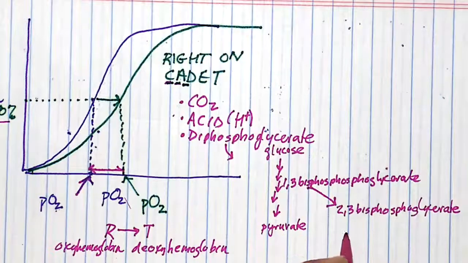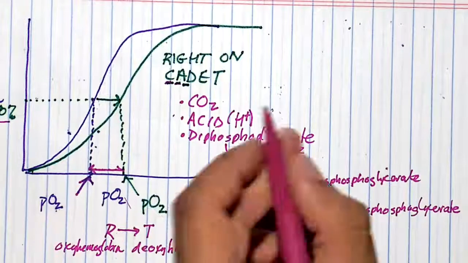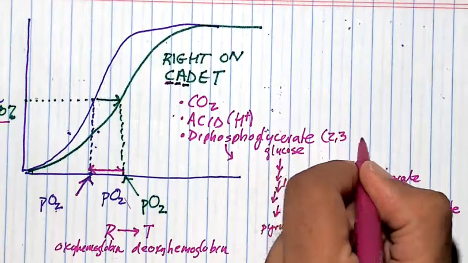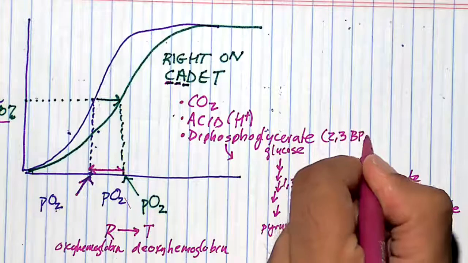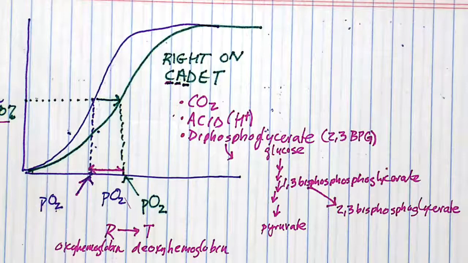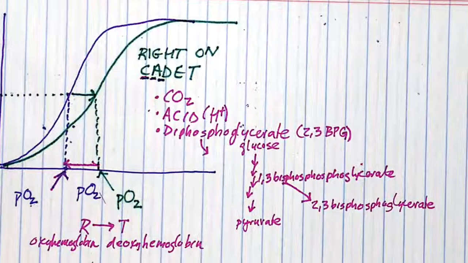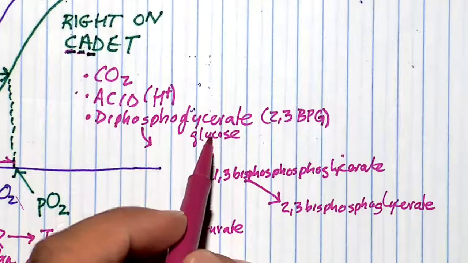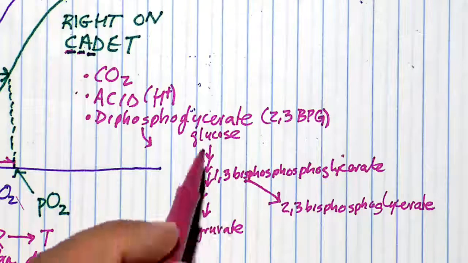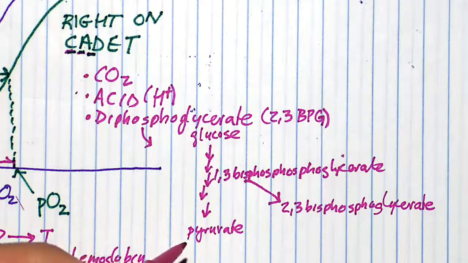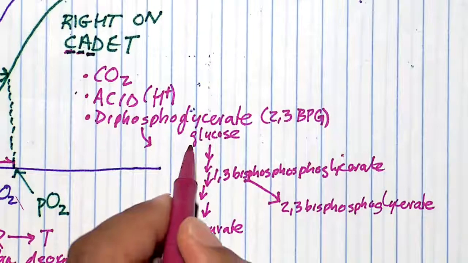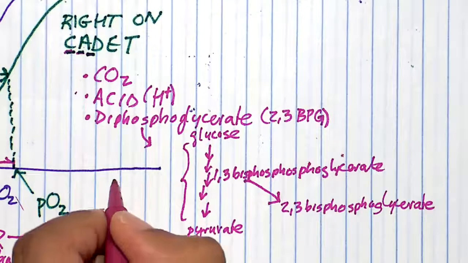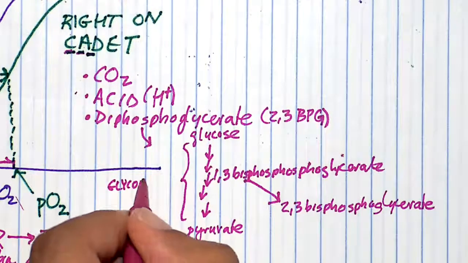Okay, 2,3-bisphosphoglycerate is the same as diphosphoglycerate, so these things are the same thing, 2,3-BPG. Okay, it's an abbreviation. So here we have a pathway of glucose metabolism, the breakdown of glucose into pyruvate, which is glycolysis. Okay, we'll learn this in the latter part of the course, all 10 steps.